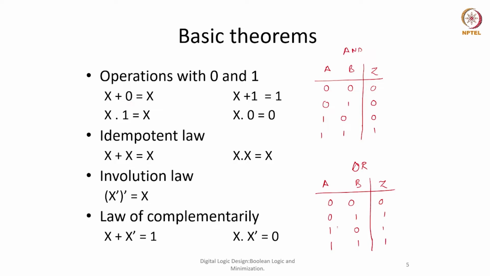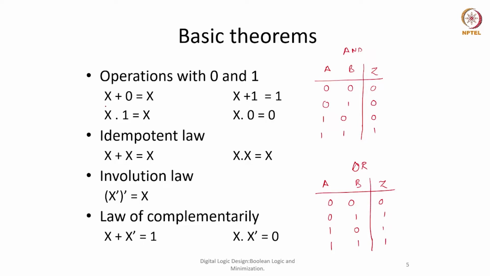So let's say A is my x, and I am operating with 0. If A was 0 and I am doing an OR operation with 0, the output was 0. If A was 1, I am doing OR with 0, again it was 1. So whatever the value of A, if I am doing an OR operation with 0, the output was also A.